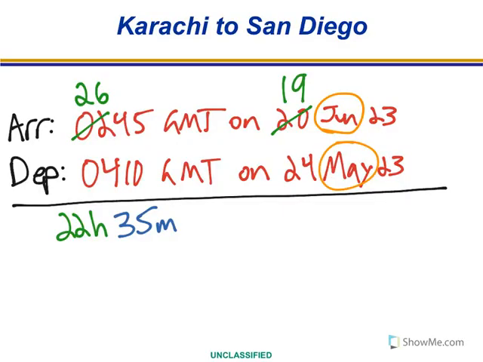We're going to look at June and May and make both of these May. So we have to turn 19 June into a date in May. Well, we know that there are 31 days in May. So we're going to take the 31 days in May, add 19 to it, and get 50. So this tells us that 19 June is the same thing as 50 May.